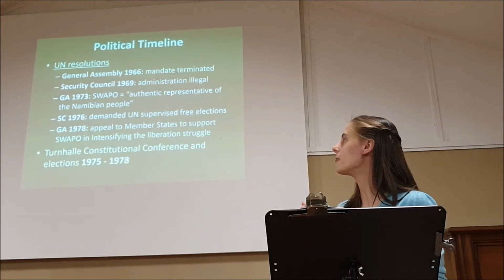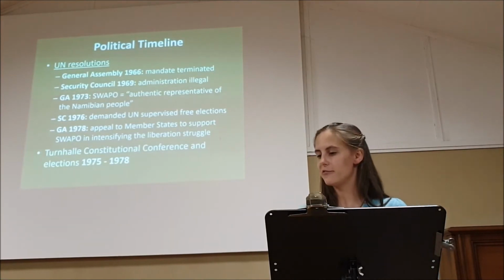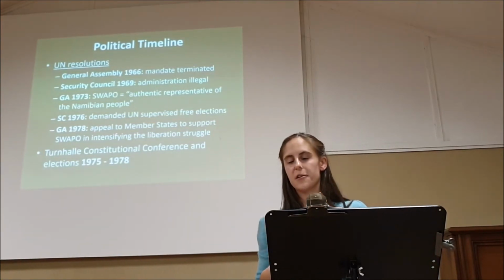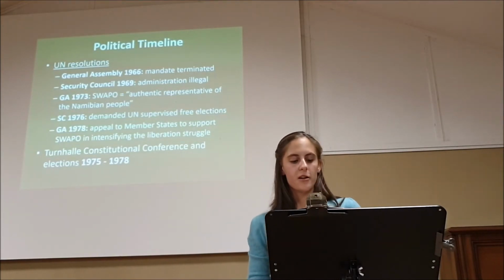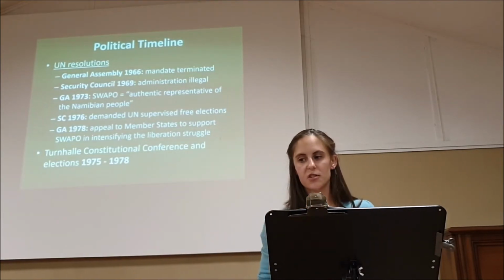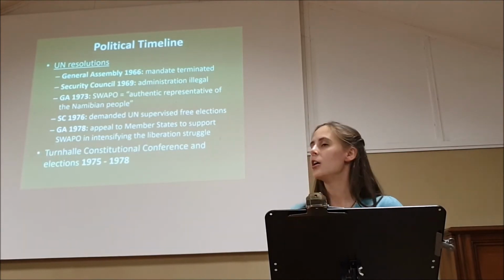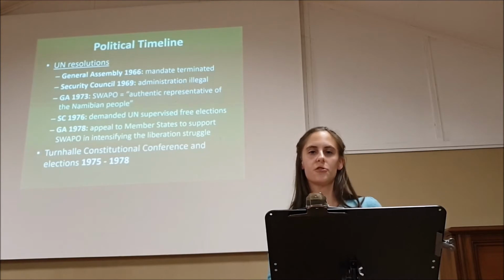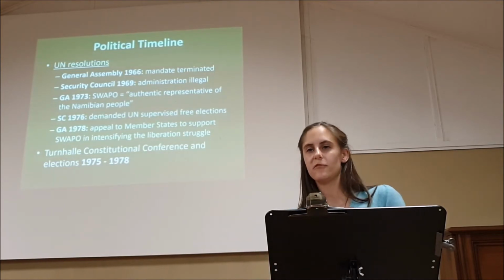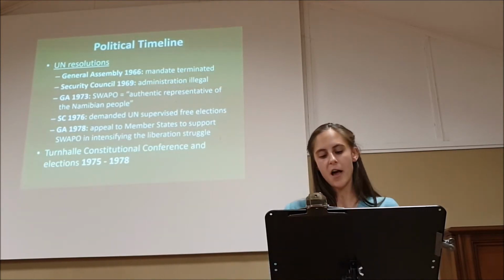So they had the idea of organizing a government of national unity and holding elections in 1978, which were actually universal elections, so universal franchise. That means that people of all races could vote.